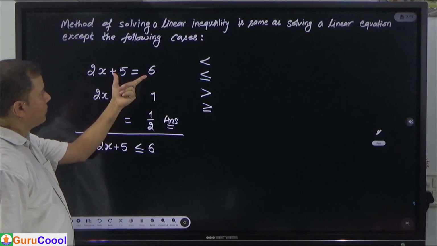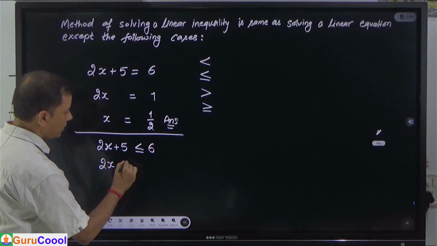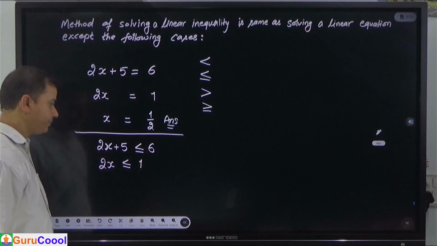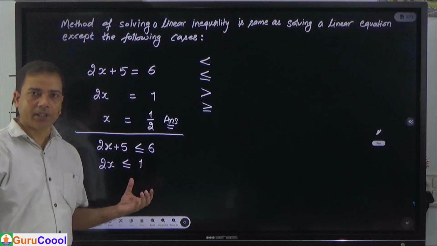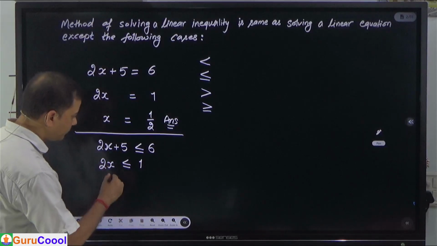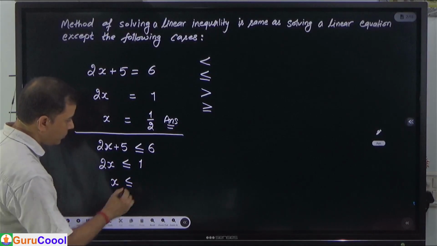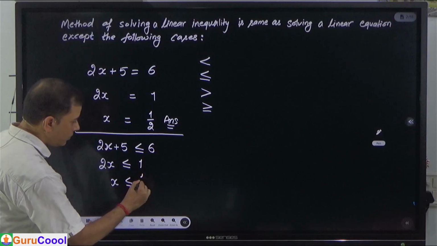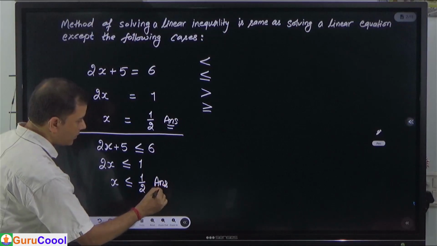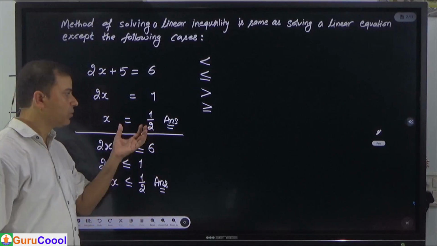First subtract 5. So then we have 2x lesser than or equal to 6 minus 5, that is 1. Exactly the same step. Next divide both sides by 2. And then we have x lesser than or equal to 1 over 2, or 1 by 2. Done. This is the solution.